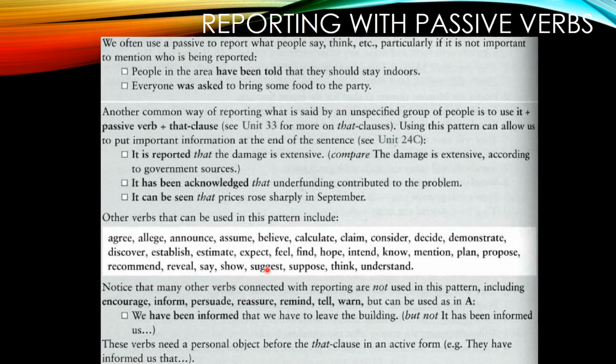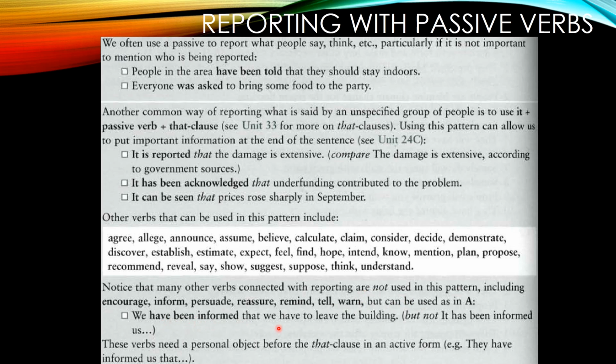Please notice that many other verbs connected with reporting are not used in this pattern, including encourage, inform, persuade, reassure, remind, tell, warn, but can be used as in A.